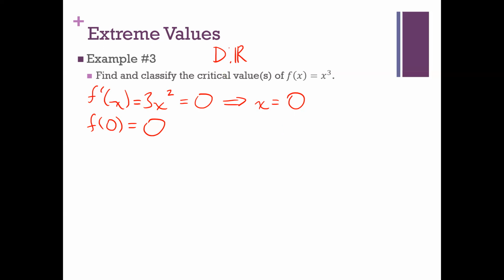So I know that x equals 0 is a critical point. What kind of extreme point might that be? Could be a local min or a local max, right? Do we know yet what that is? How can we find that out?